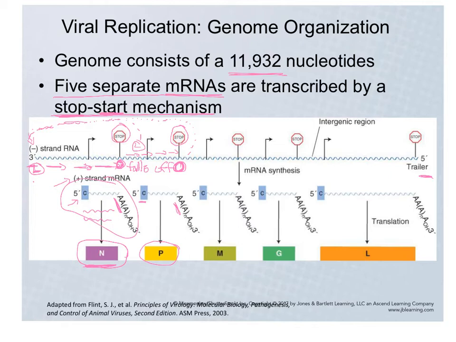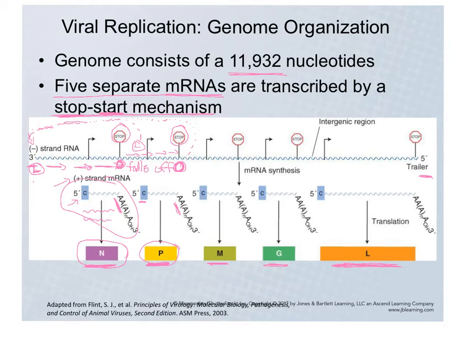closest to the 3' end, and I should say that the last gene in the gene order is the L, or the polymerase. And then there's a little bit of variation in the middle, but generally you will find next to the N protein, the P protein, followed by the matrix protein, followed by the glycoprotein, and then finally the polymerase.